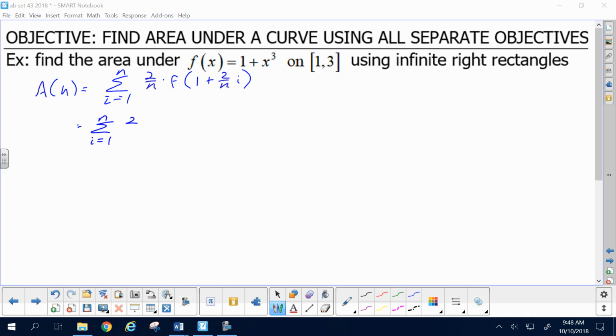Substitute in the function. 2 over n stays. In this case, the function is 1 plus blah cubed. And in that blah goes our x, 1 plus 2 over n i. Cool? Yes. All right. Now I'm actually doing the worst case with you here. This is the worst case because distributing a cube out is gross.